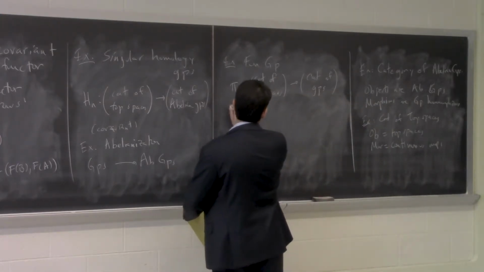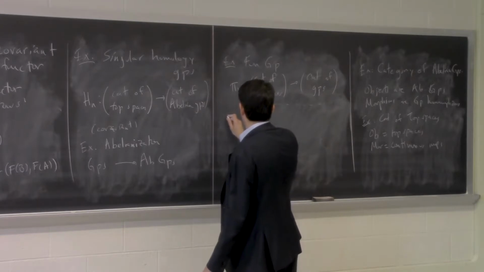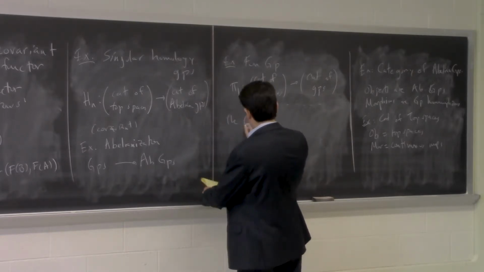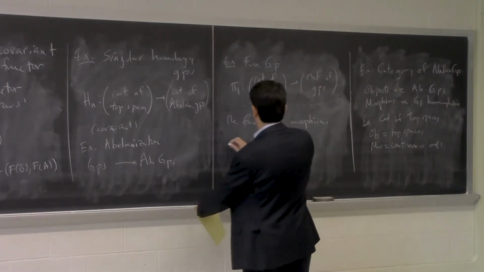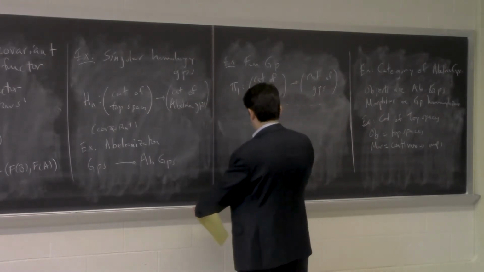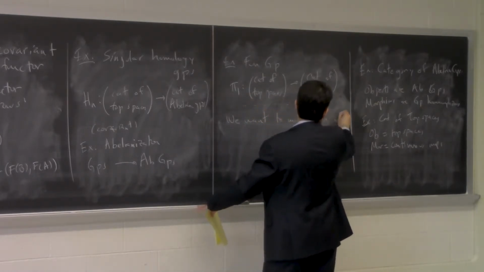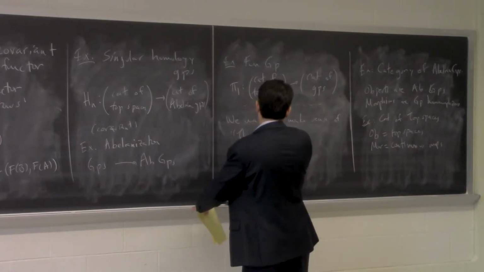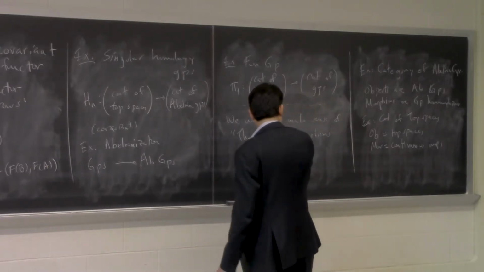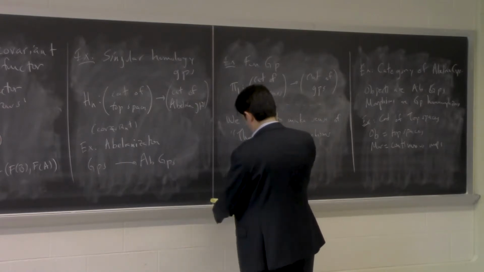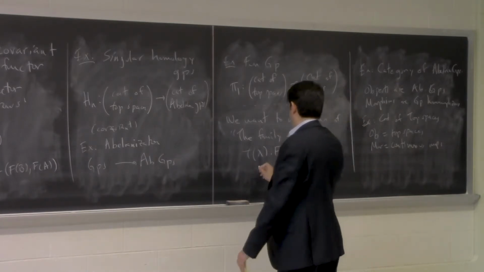The whole point of category theory, at first, was that you want to make sense of a statement like: the family of morphisms T of X, between F of X and G of X, is natural.